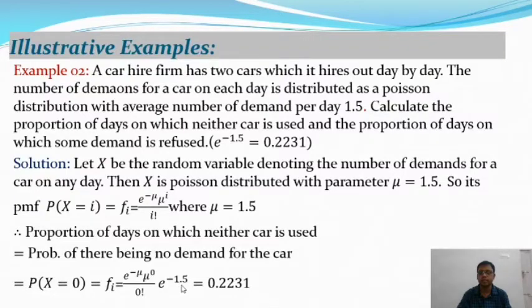So from this we get e to the power minus 1.5, which is equal to 0.02231. This is the required probability of there being no demand for the car, or the proportion of the days on which neither car is used.